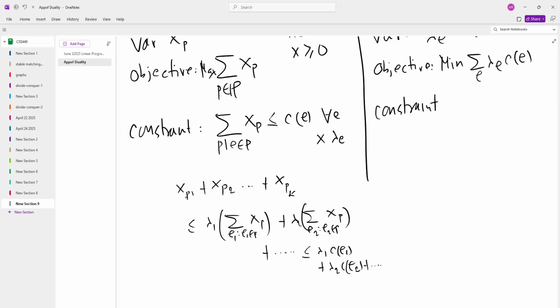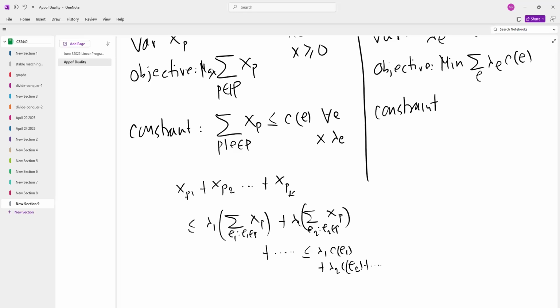And now what we need is that, for example, for the path P1, right? P1 is a path, and where can P1 appear? P1 is going to appear for every edge on the path P1, right?